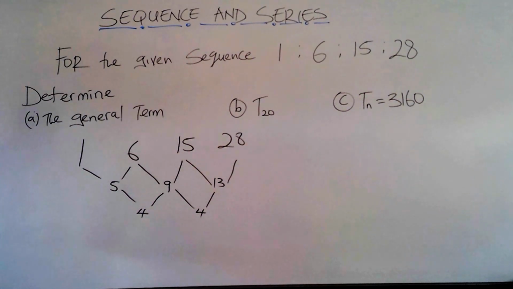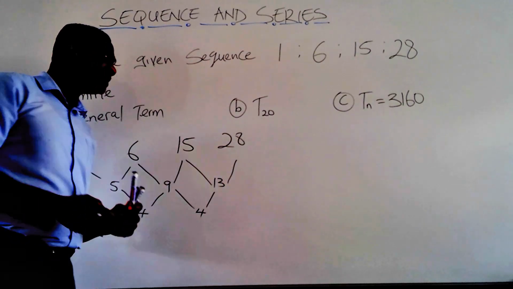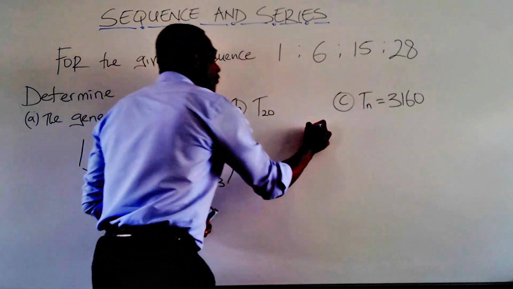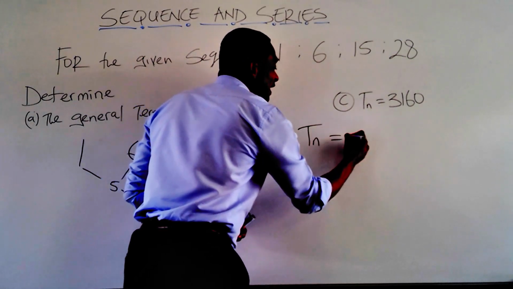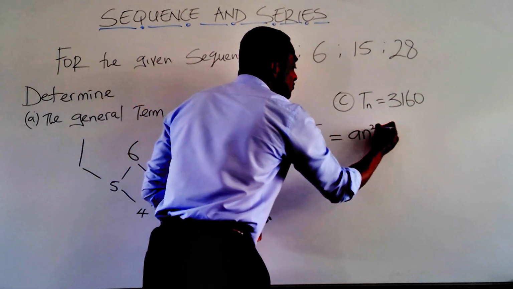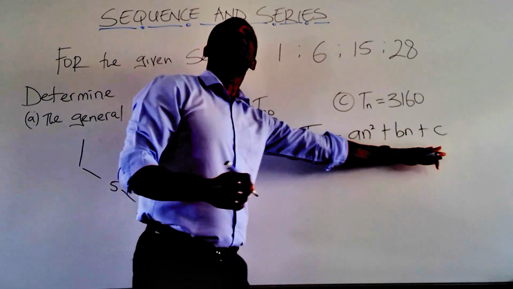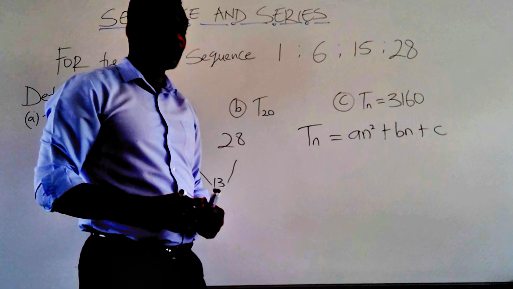Now, with this, we know that we are actually dealing with a quadratic number pattern because it has a common second difference. Now, the quadratic formula, as we know, is an² + bn + c. So this will be the general formula for a quadratic number pattern.